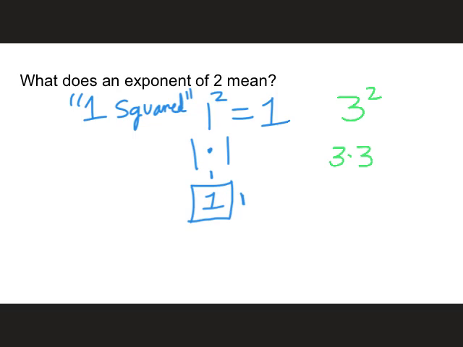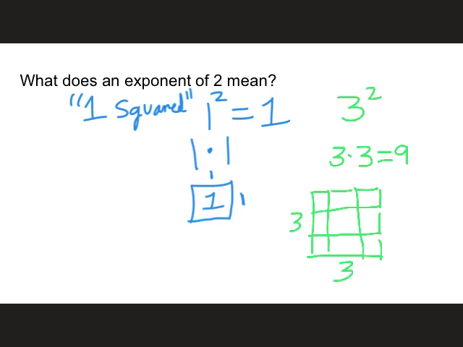And this time, instead of having a 1 by 1, we'd have 1, 2, 3 by 1, 2, 3, a 3 by 3. And if we model that out, you can see that what that gives us is 9, because 3 by 3 will give us an area of 9. So 3 squared is 9.